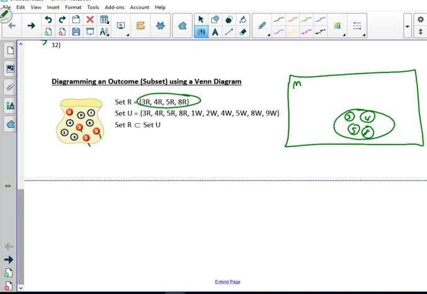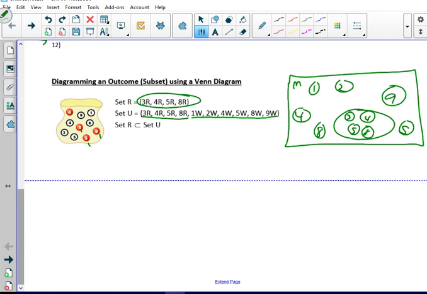And then my white marbles, see here's 3, 4, 5, 8 that are red. My white ones are part of the universal set. So I have a 1, a 2, a 4. You can put them anywhere you want. Get creative with it. You don't have to line them up like me. 5, 8, and 9. Those white marbles are part of the universal set.